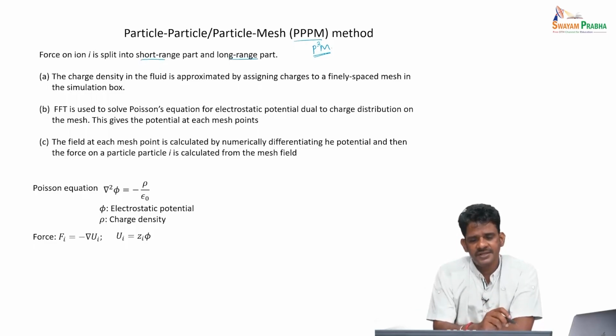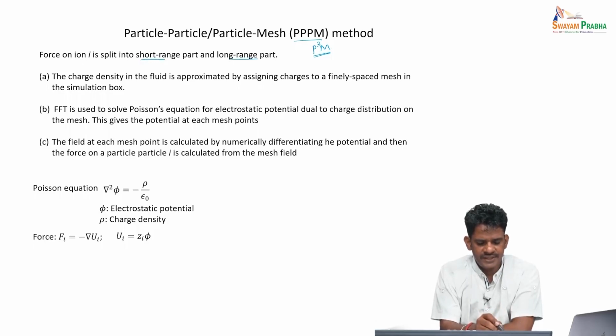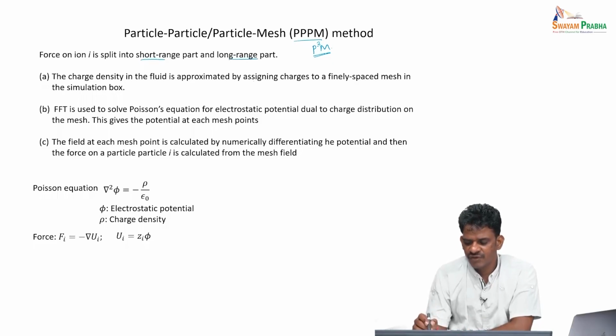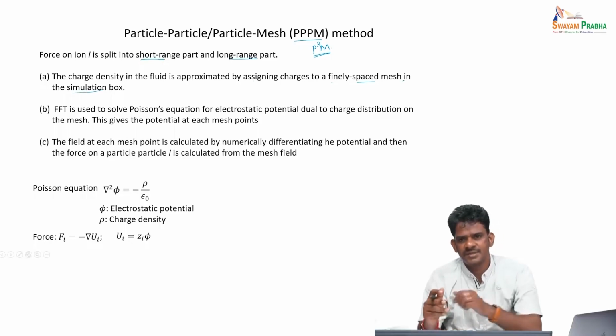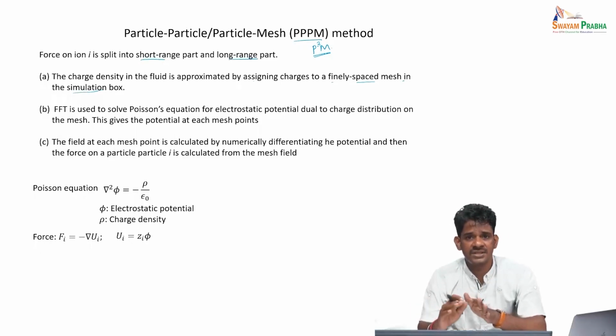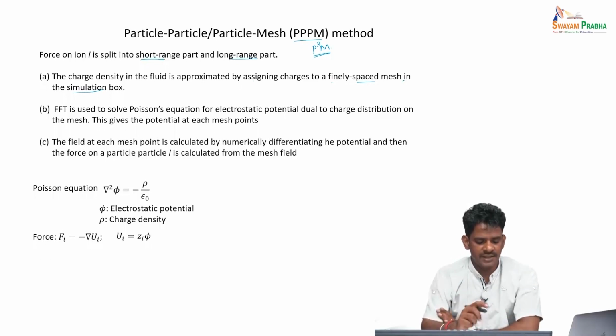In this P3M method, the charge density of the simulation fluid is approximated by assigning charges to a finely spaced mesh in the simulation box. That means the spatial domain of the simulation box is discretized into a fine mesh, and then we embed charges on those meshes, and then we use the fast Fourier transform method to solve the Poisson equation for the electrostatic potential due to the charge distribution on the mesh.